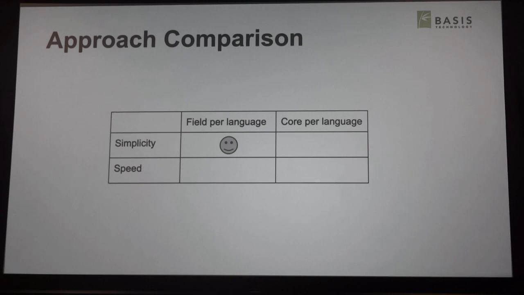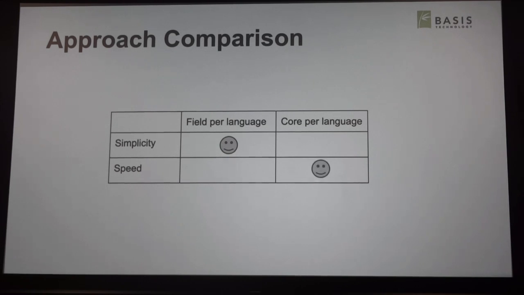In the core per language approach, you have to worry about things like how common a language is in your corpus. So if English is very common, you may want a much more scaled backend infrastructure to deal with English, and then a tiny backend infrastructure to deal with an uncommon language in your corpus. Whereas in the field per language approach, it's all one logical index in terms of Solr, so you don't have to deal with those issues.